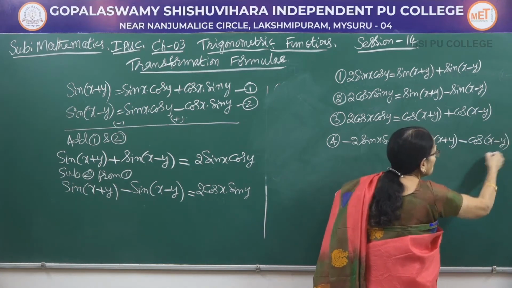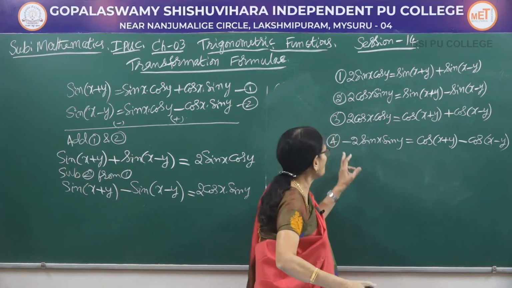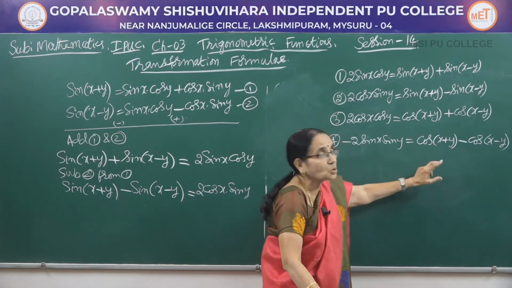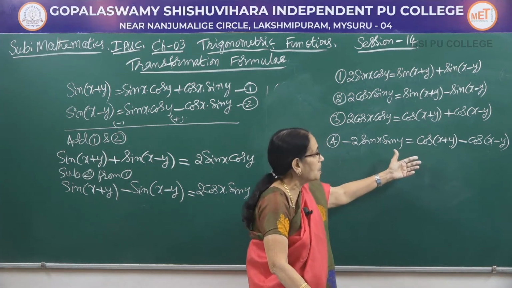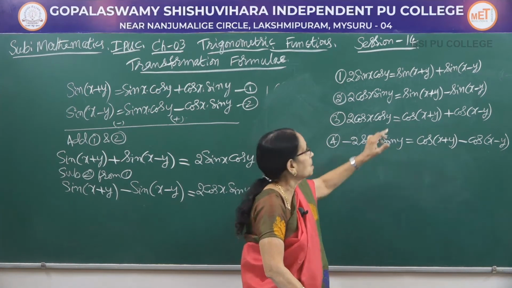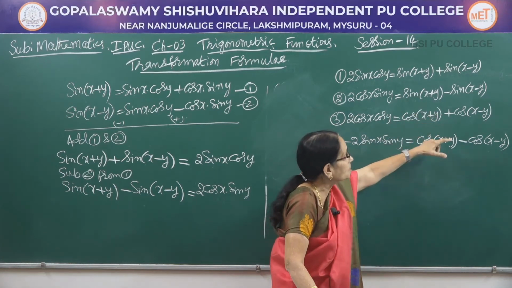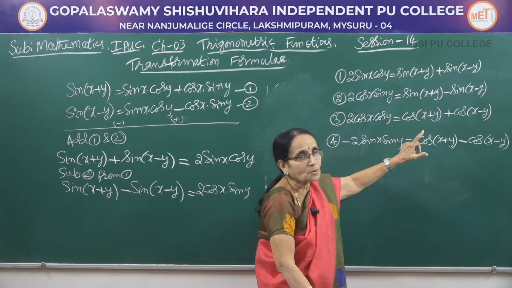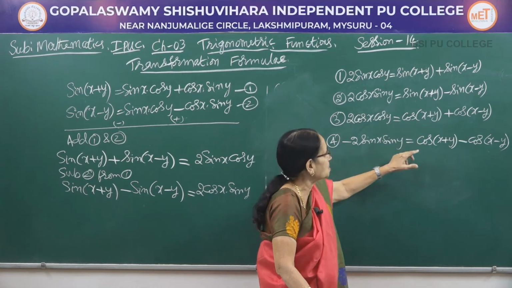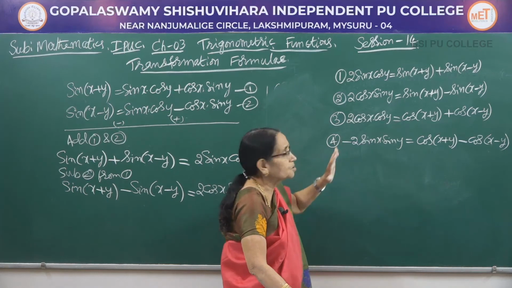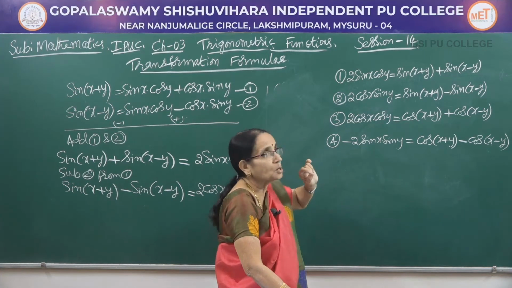Now here, of course, this minus sign could be taken to the right hand side, and these terms could be written in the other order, but to maintain the symmetry here, the first angle will always be the sum of the two angles, the second set of angles will always be the difference of the two angles. To maintain that symmetry, this minus sign has been kept on the other side. Observe here, it is not a rule, this is how you have to remember.